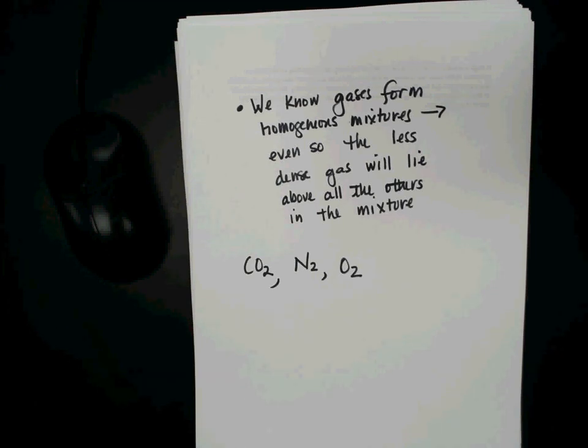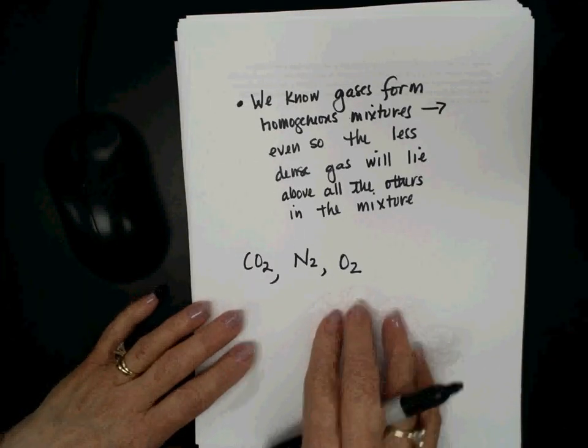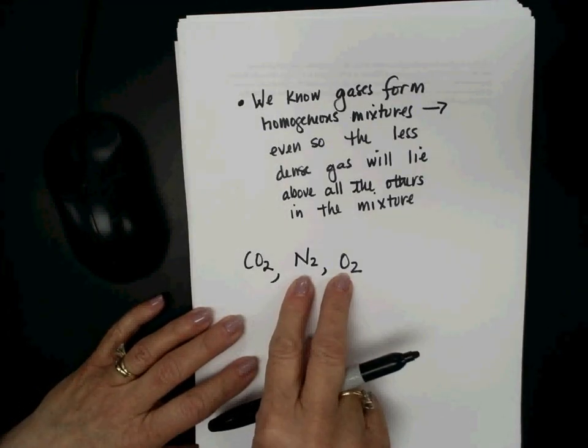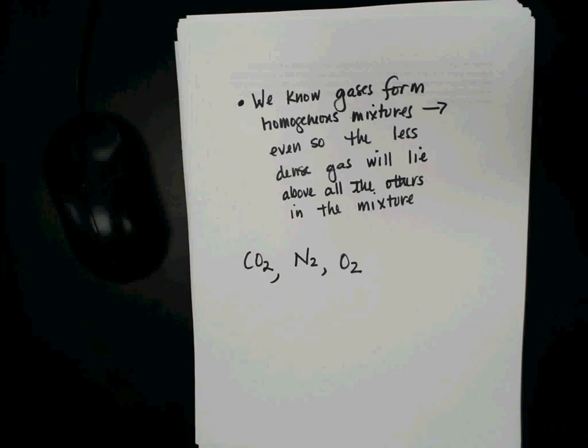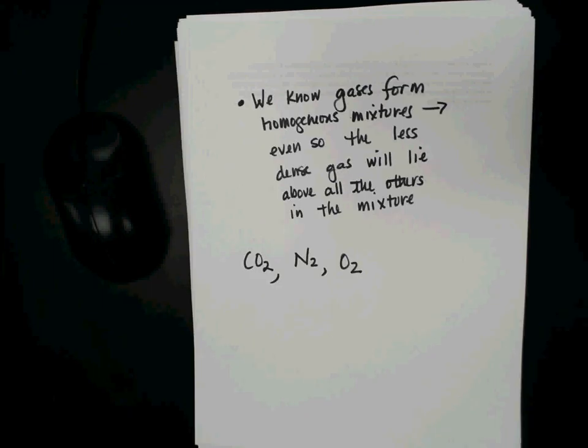If I think about this, in air I could find all of these things. These two are the largest components of air. It's going to be the most of those. But of the three, which are going to be towards the top, and which is going to be towards the bottom? If I'm talking about the way they would layer. How are you going to figure that out? Yeah, so figure it out.